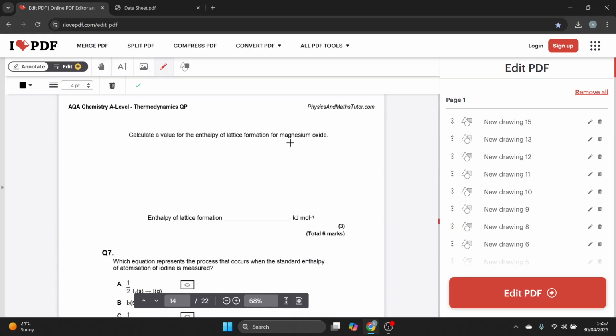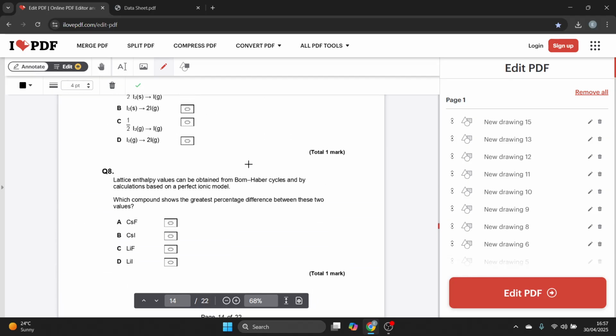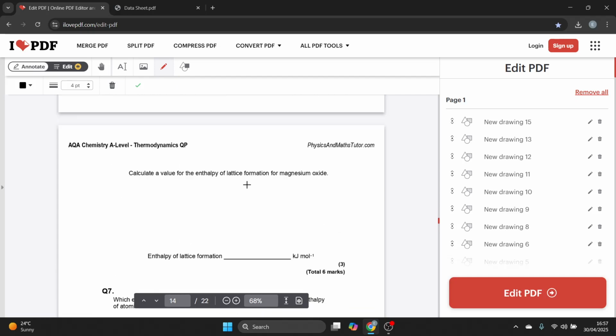Okay, and then it says calculate value for entropy of lattice formation for magnesium oxide. So it's just the same old.